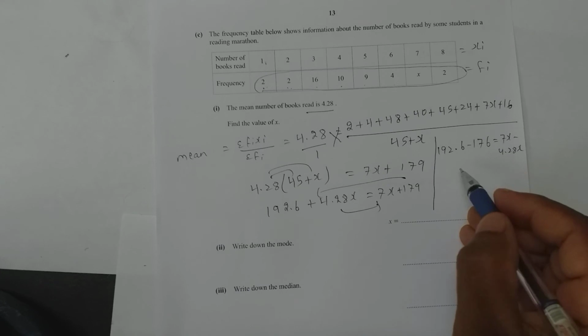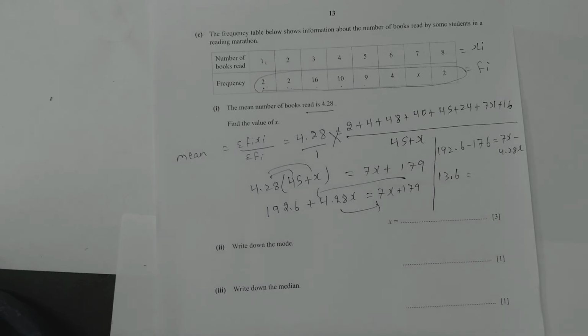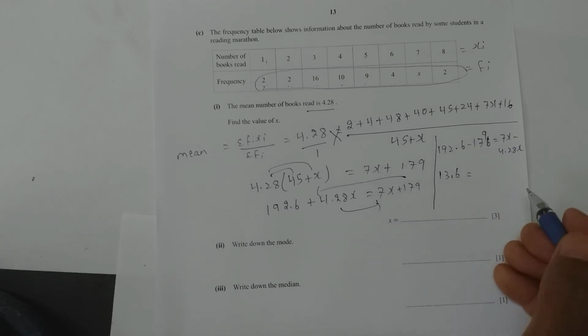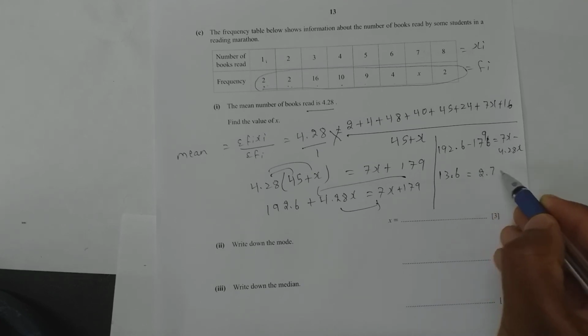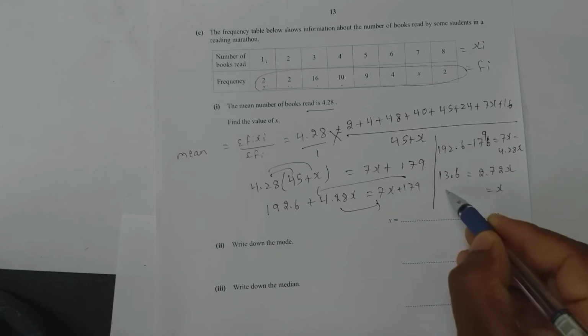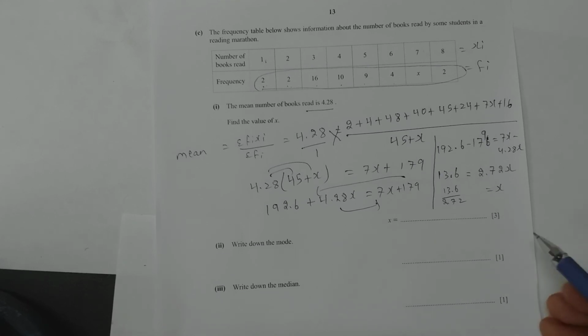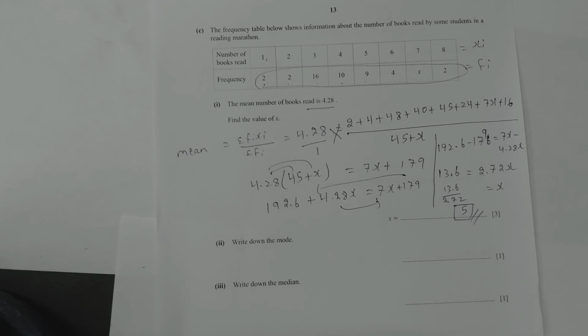Here this will be 13.6, and here 7 minus 4.28 is 2.72x. To get x, send this to that side. So 13.6 by 2.72 will give you 5. So the value of x is 5.